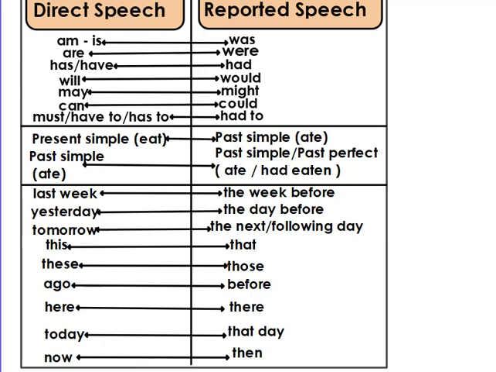The past simple can stay at the past simple because it's already past, and it also can be changed to the past perfect. Last week becomes the week before, yesterday, the day before, tomorrow, the next or the following day. This becomes that, these becomes those, ago, before, here, there, today, that day, now, and then.